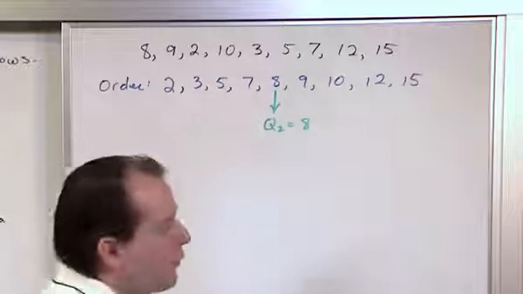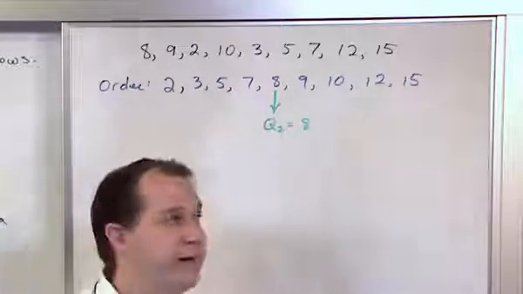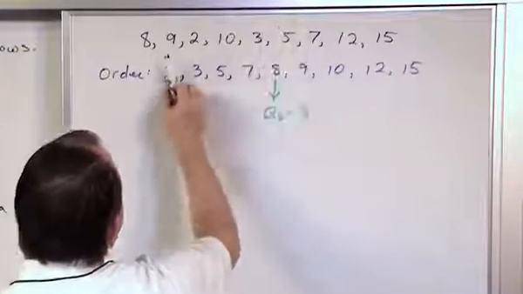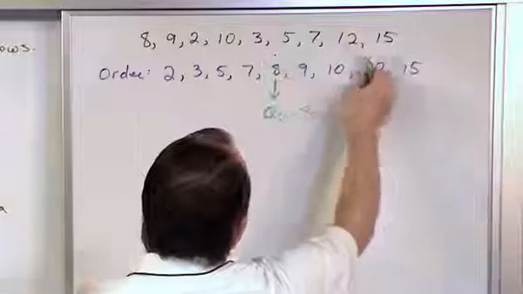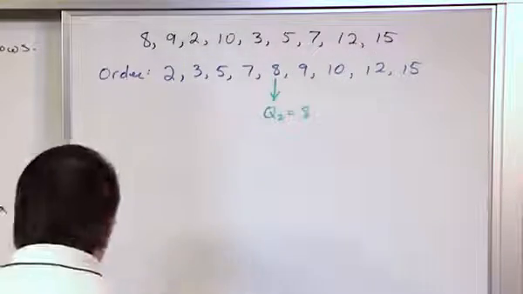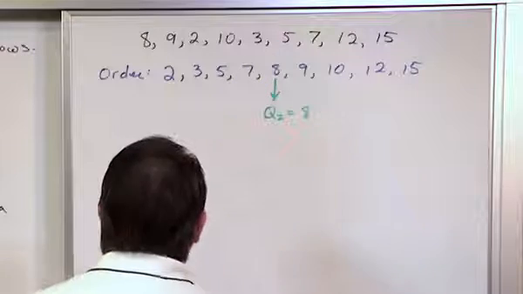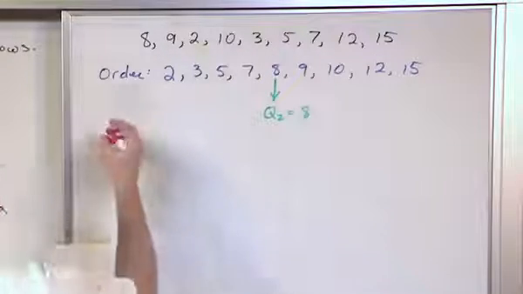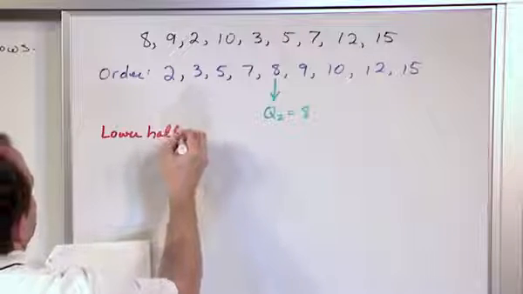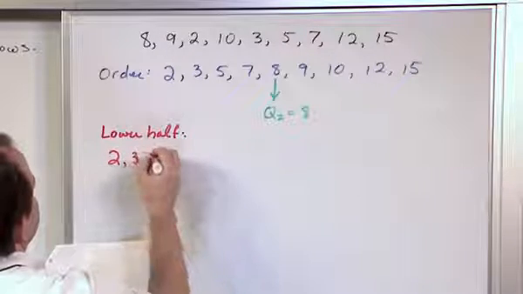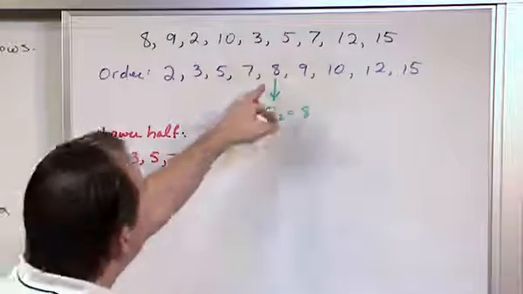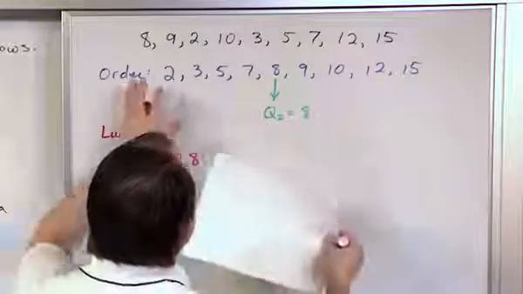Now, whenever we try to find Q1 or Q3, you have to realize that this median divides the data set into a lower half, and it also divides it into an upper half. For the lower half, in order to find Q1, we look at 2, 3, 5, 7, and we need to include 8, because the data is cut into 2 pieces.